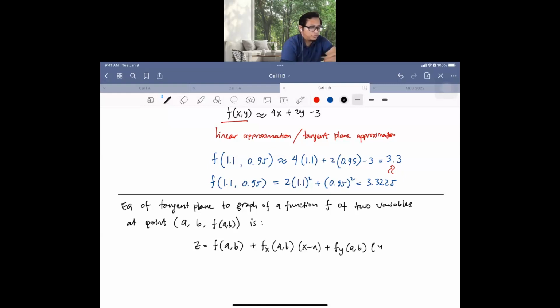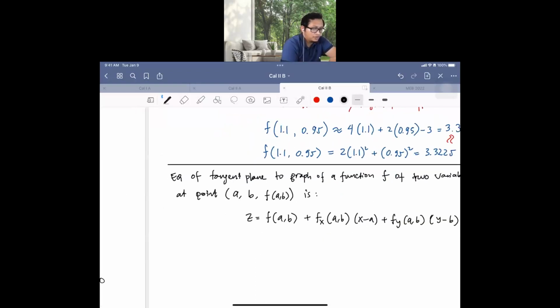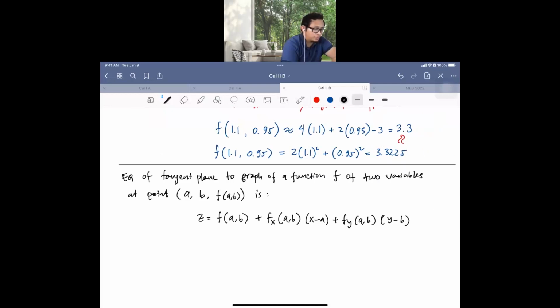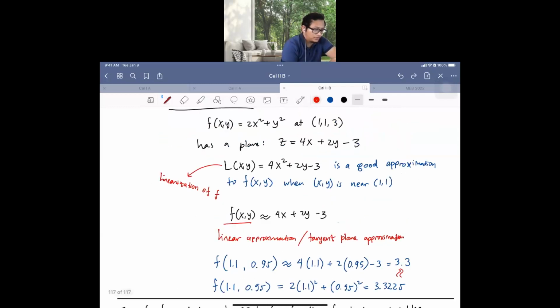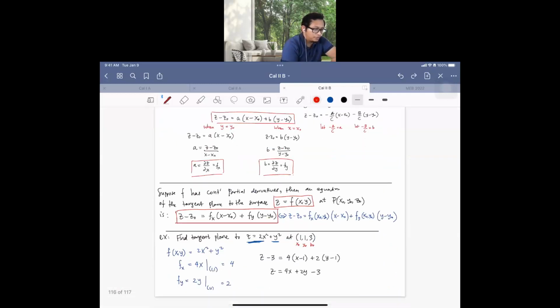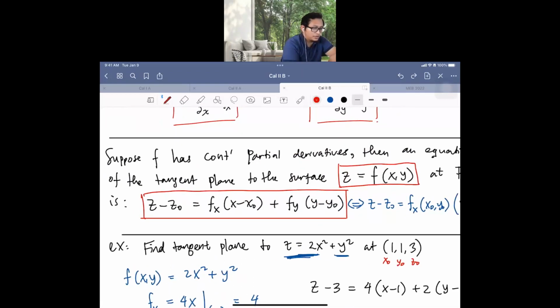I hope this does not get you confused. This is the same thing. f(a, b) is z0 actually. So you remember from the previous one, let me write maybe here. So z0 we move to here. So that is what we have.